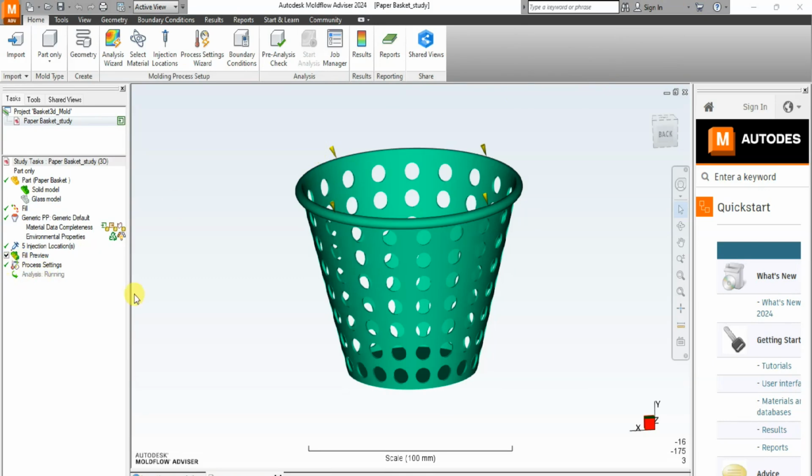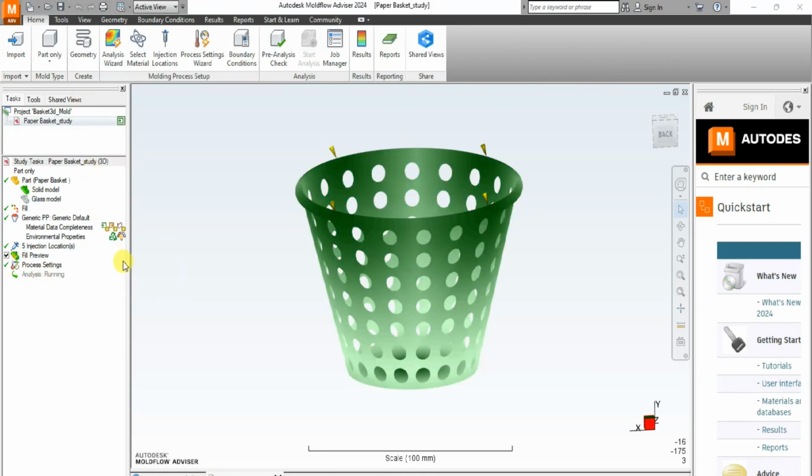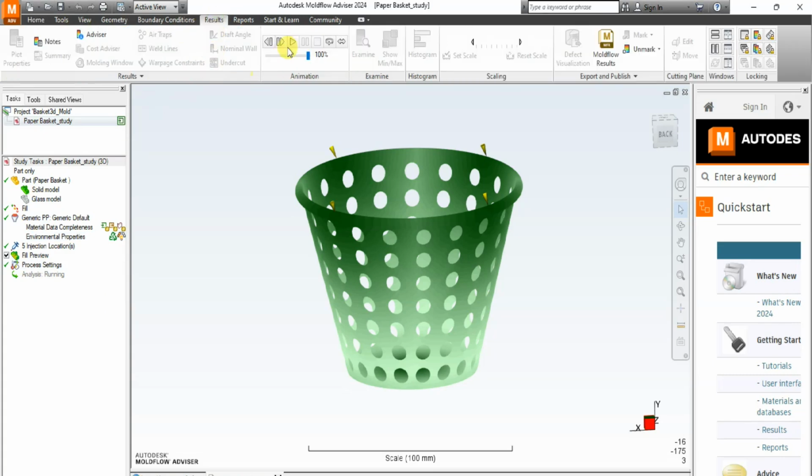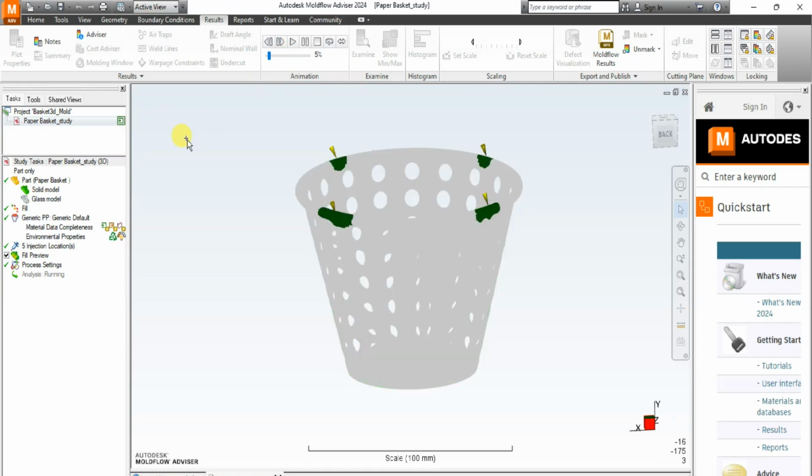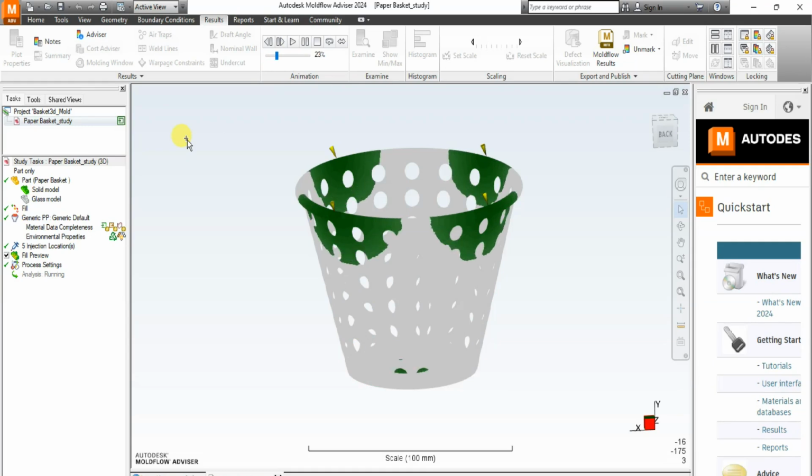So the analysis is running now. Now this is the fill preview. Let's see what it looks like. Alright, so this is what the fill preview looks like with respect to the injection locations for the waste paper basket.